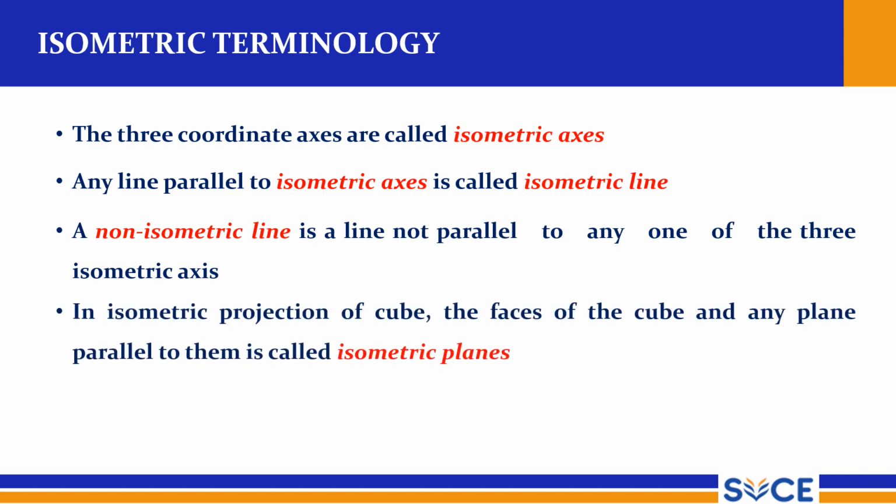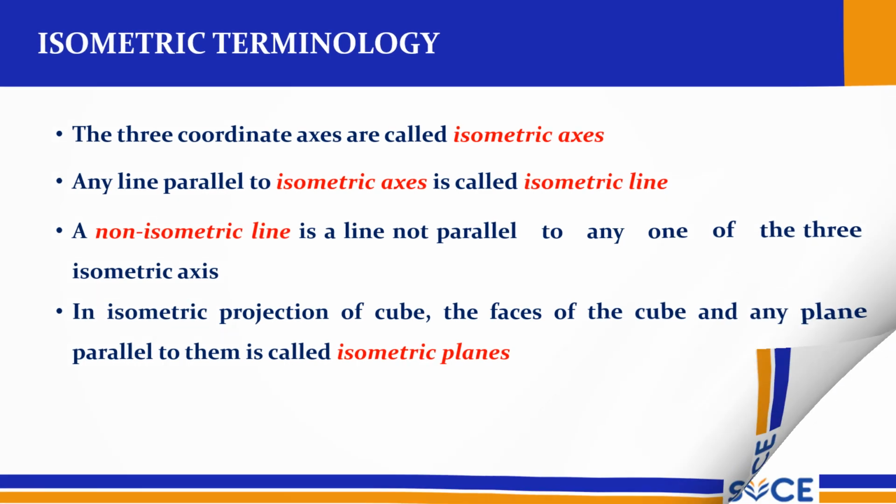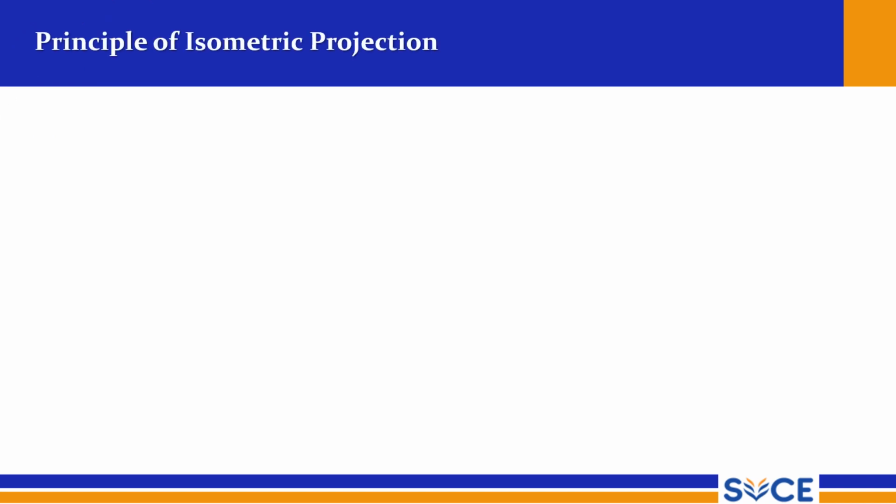And in isometric projection of a cube, the faces of the cube and any plane parallel to them are called isometric planes. So I will show you the isometric planes.